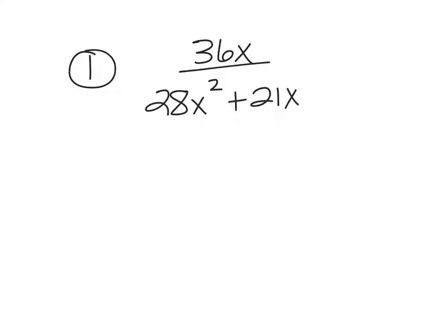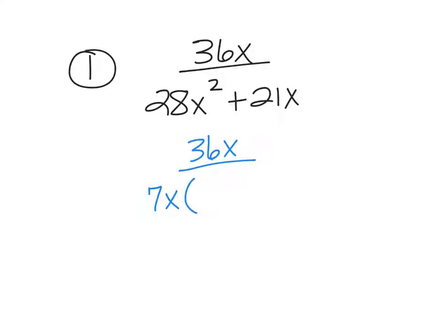Well, there is. Is there a number that goes into 28 and 21? Sure, there is. So my top's not going to change, 36x. The biggest number that goes into 28 and 21 is a 7. They both have an x, so I'm going to take out an x.